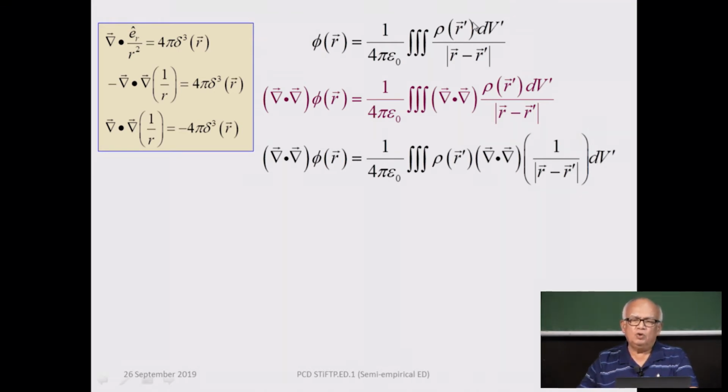The sources are denoted by the primed variable and the field point by the unprimed variable. That is just a matter of notation, but it is important to keep track of what is what. So this is the potential at the field point, a sum of the total potential generated at the field point due to a charge at the source point r prime. It goes as charge over distance, which is the inverse distance potential, integrated over the entire source region.